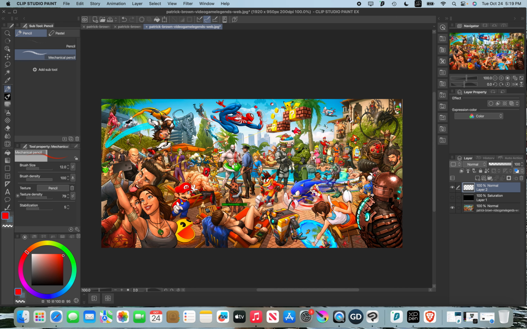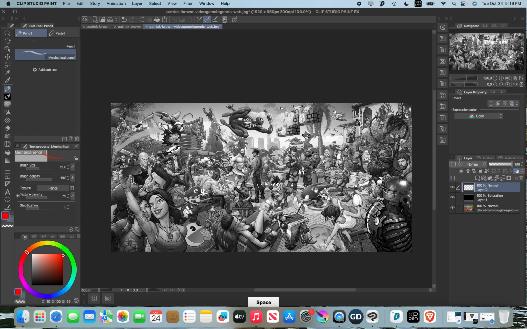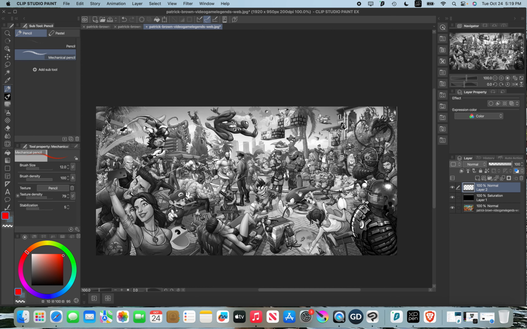And so, in order to simplify this a little bit for myself, I'm going to make it black and white so that I can draw over it with my red pen here and we can see it a little bit better. And let's start looking at some leading lines and where these leading lines go. So, one leading line is this right here.